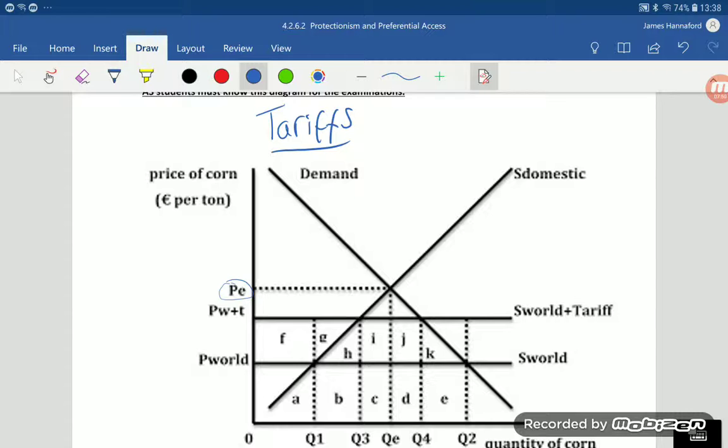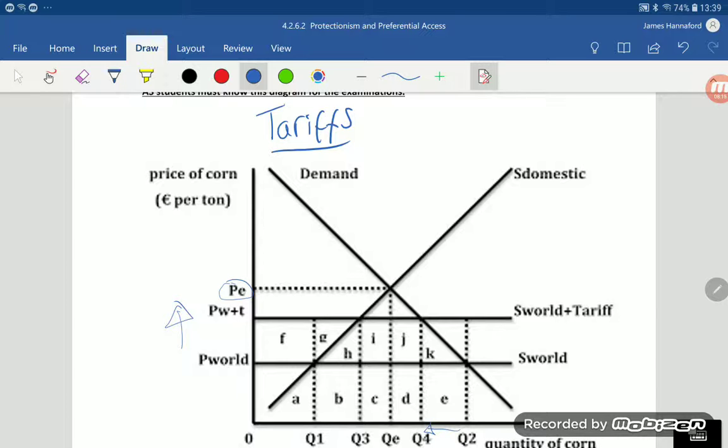Once we add the tariff, we can see that the price increases to PW plus T. So the consequence straight away is that domestic demand reduces from Q2 to Q4. So there's been a reduction in the quantity demanded.